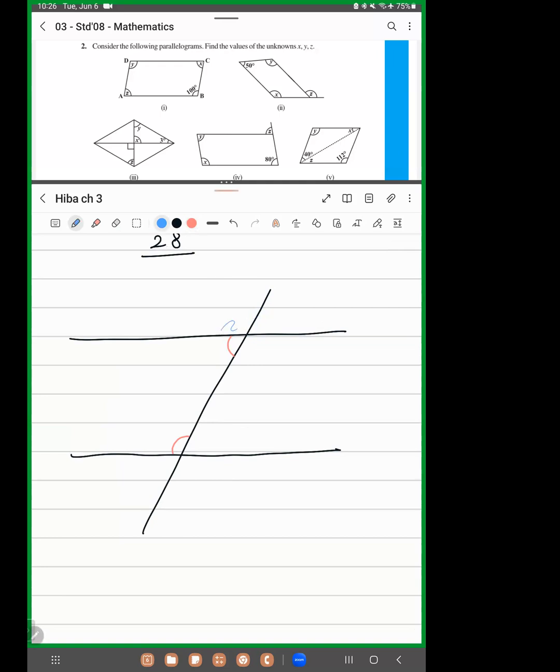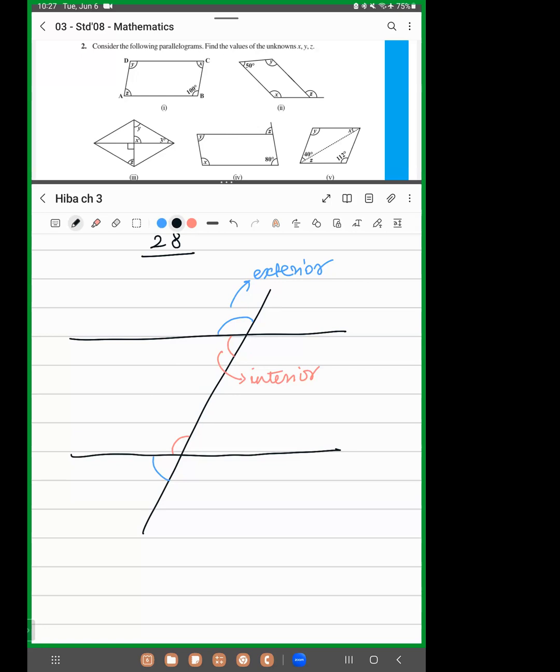Exterior is this. Exterior means जो बाहर है. This is exterior. And the pink one is interior. So interior angles on the same side of the transversal, transversal के same side पे हैं, दोनों ही left side पे. ठीक है, समझ में आया?